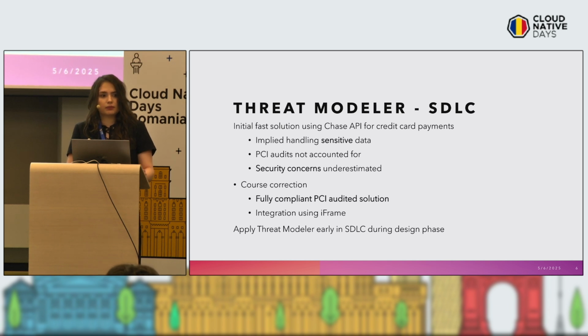This provided us with a simpler solution to send the credit card data directly to Chase, and made the PCI audit more simple. So the key lesson learned here was applying Threat Modeler early in the design phase. It would have helped us make a more informed decision in the beginning and avoid the rework.